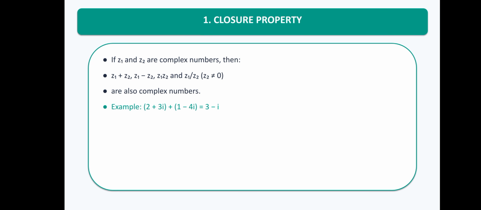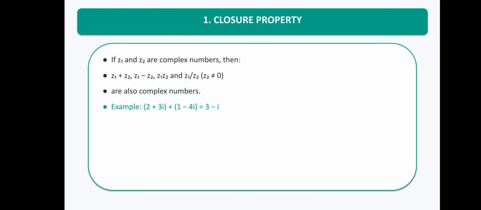If z1 and z2 are complex numbers, then we can say that z1 plus z2, z1 minus z2, z1 multiplied by z2 and z1 divided by z2, means the closure property is applying on 4 operations, means we can apply all 4 operations in the closure property of complex numbers.